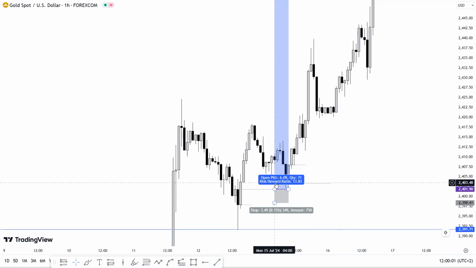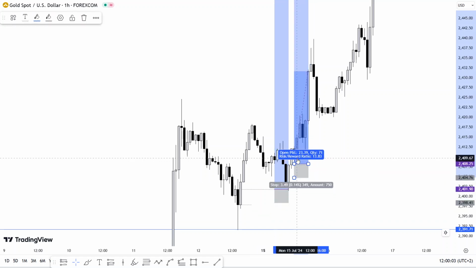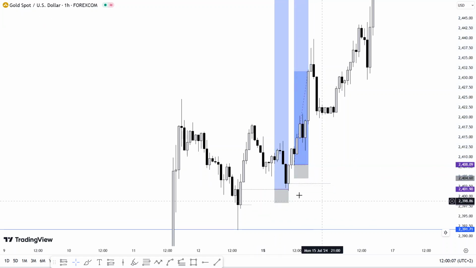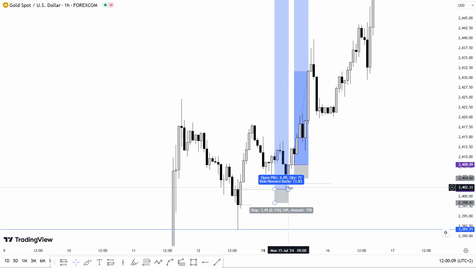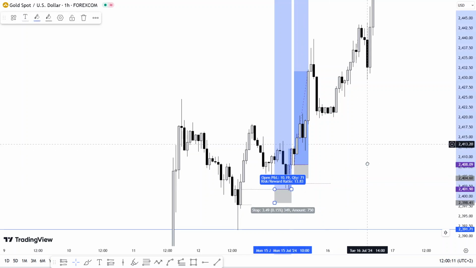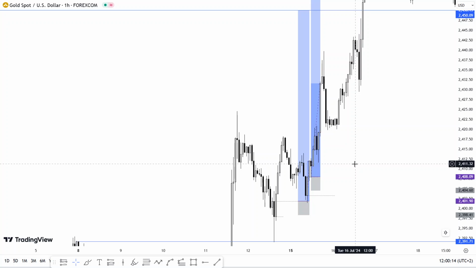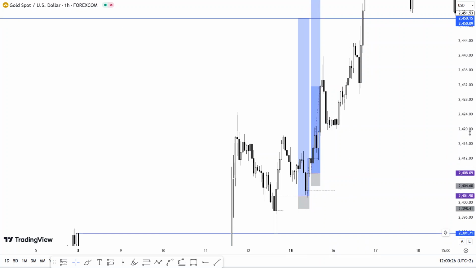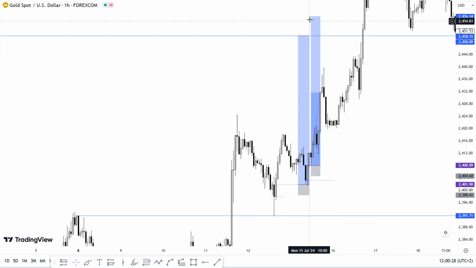So second entry, or you could have gotten your new entry from here if you missed out on that other previous one. Very, very simple. Another entry right here at this area of support right there. This one right here would have gotten an entry. Beautiful entry right there.